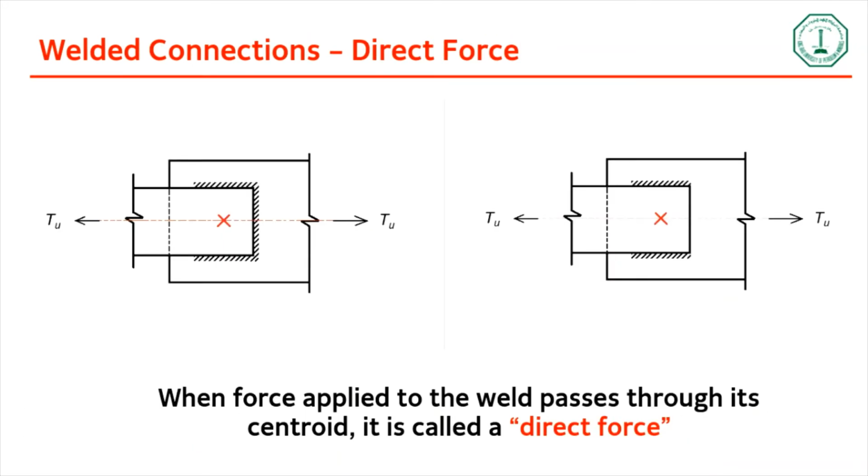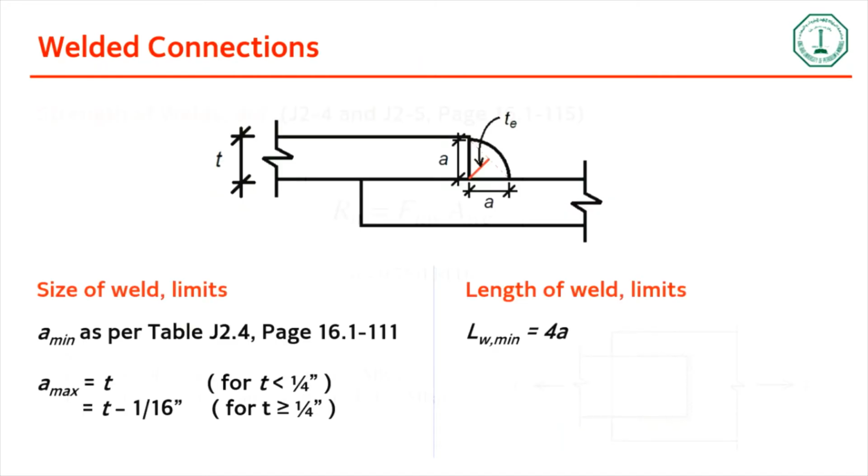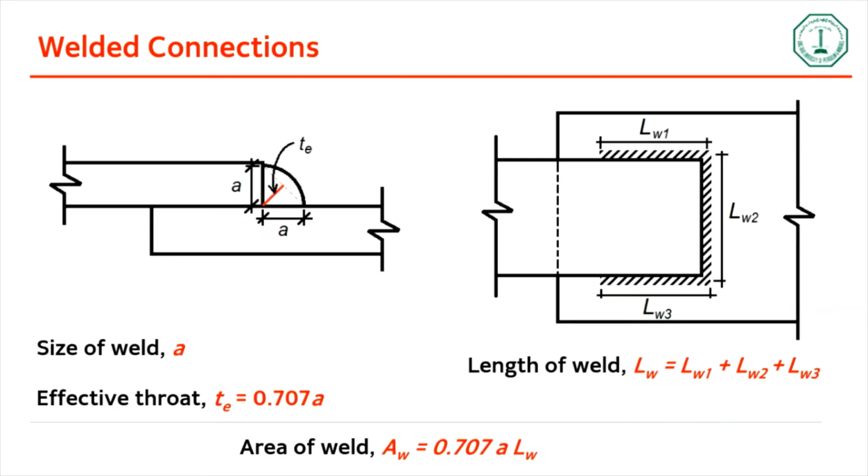The key things that we need to know for a welded connection are these terms that you require. This is called the size of the weld. When you connect these and then draw a 45-degree line, you get something to meet at this point.